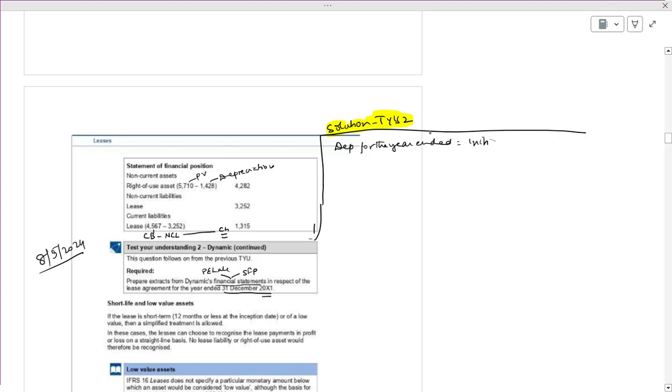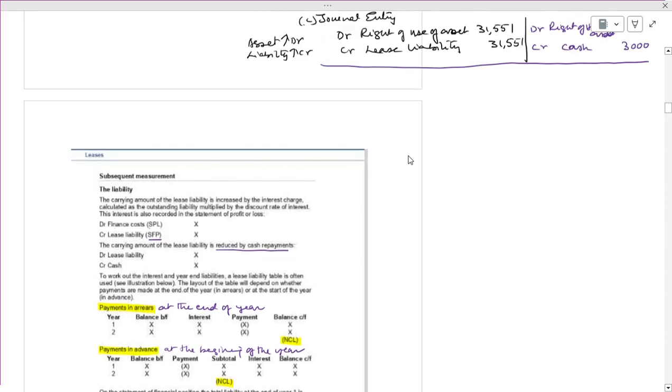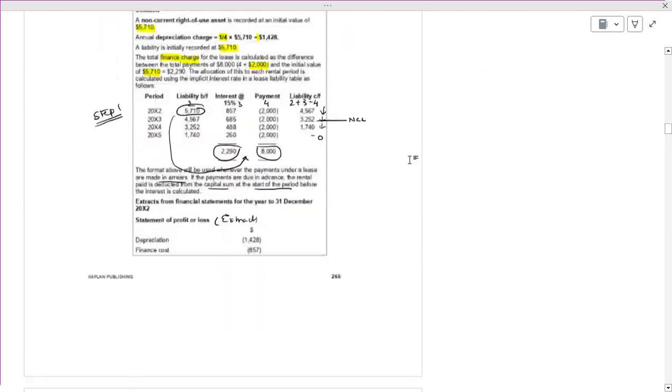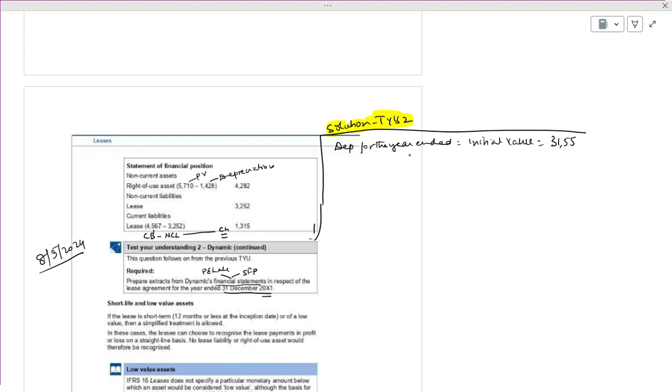The initial value is 31,551, plus direct cost of 3,000. The total cost is 34,551.